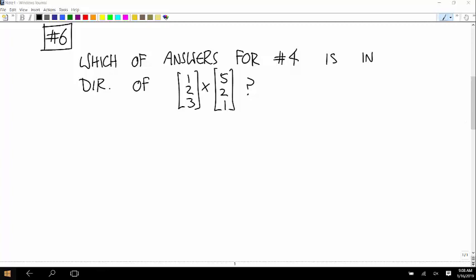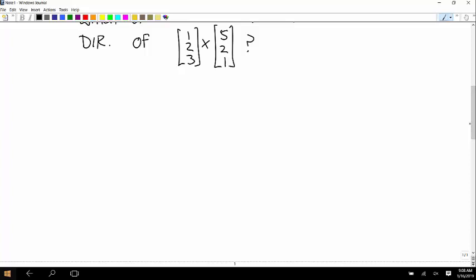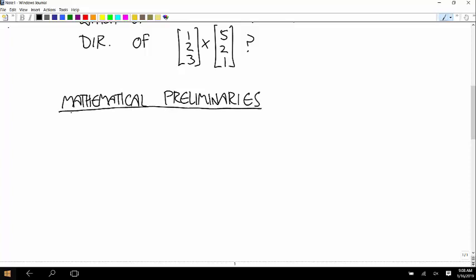So now we're going to get into the mathematical background that we need for this class, mathematical preliminaries. And we're going to talk about what we need to know about differential equations.